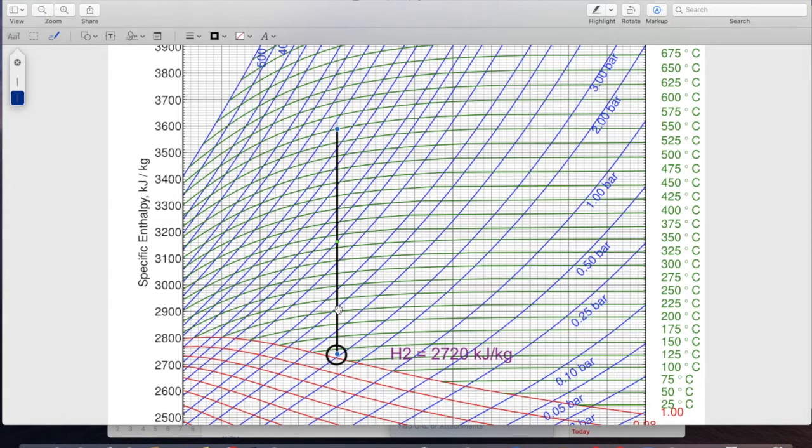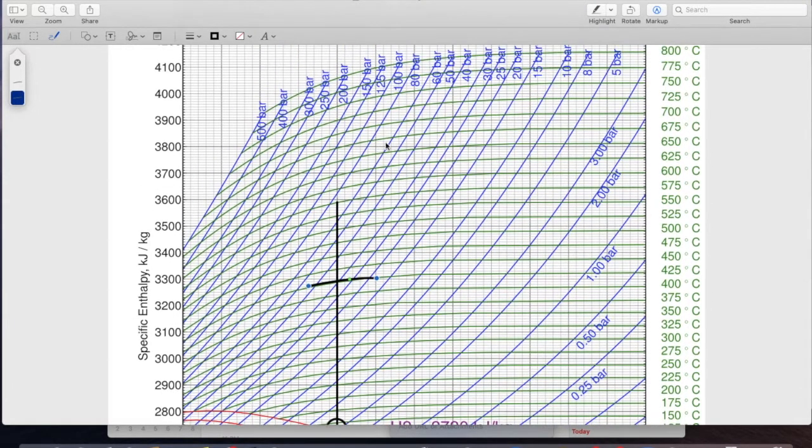Let's use a 300 class piping system, and let's make some decent steam. So for 300 class, the absolute max is 425 Celsius at about 2900 kPa. So 425 Celsius is about that line. And 2900 kPa will follow that down here.